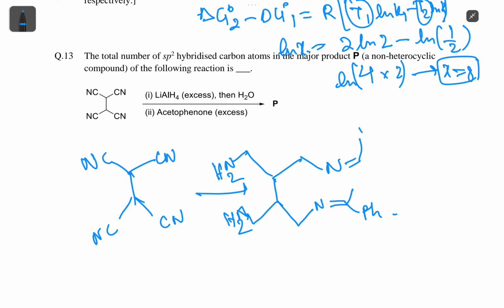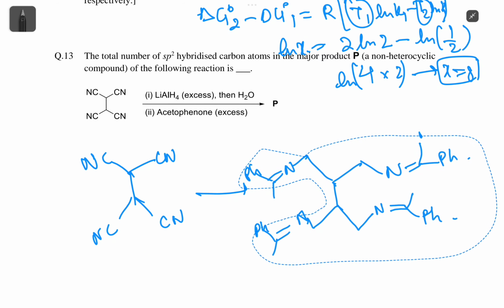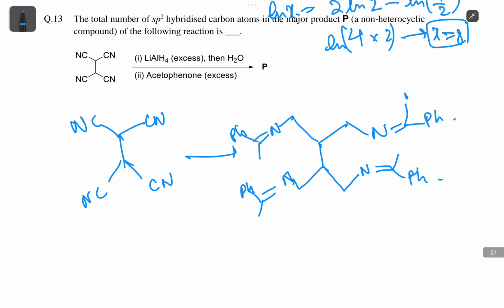So this is going to happen to all of the NC bonds. I seriously don't remember the name of the reaction. It should be somewhere in amines, some Schiff's base something. It's okay, you don't really need to know the name of the reaction for this.